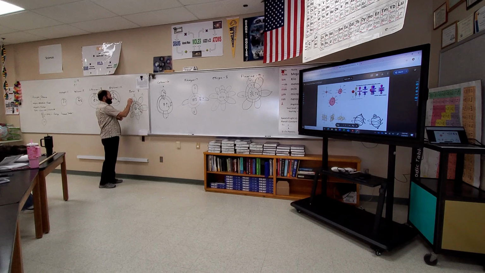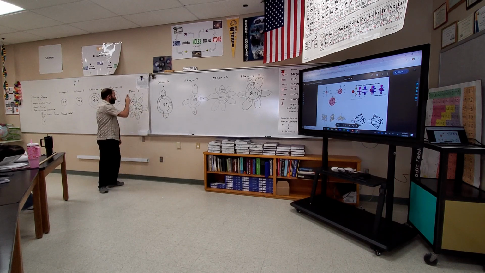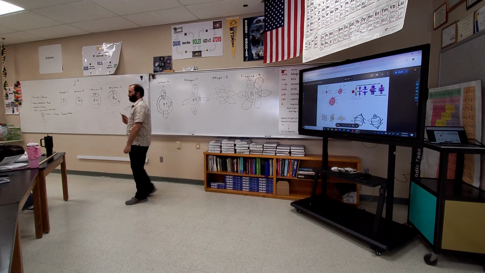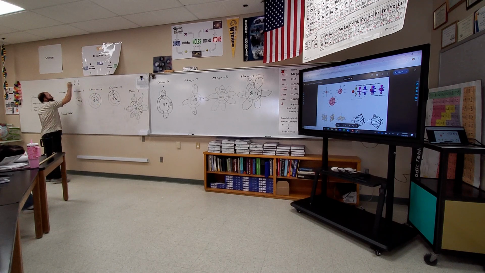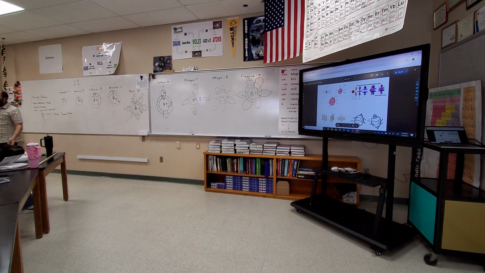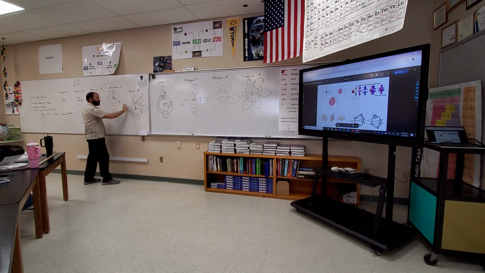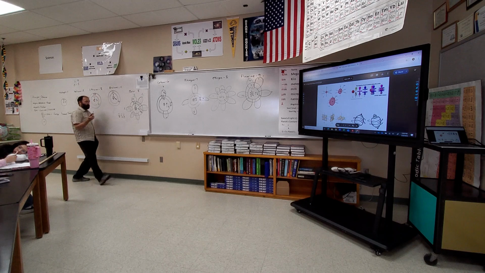But how many electrons can fit in 2p? So 2 plus 6, 8. So the max is 8. 2 of them are in the S, 6 of them are in the P. How do we know 6? There's 3 spaces, the X space, the Y space, and the Z space, and we can fit 2 in each space.